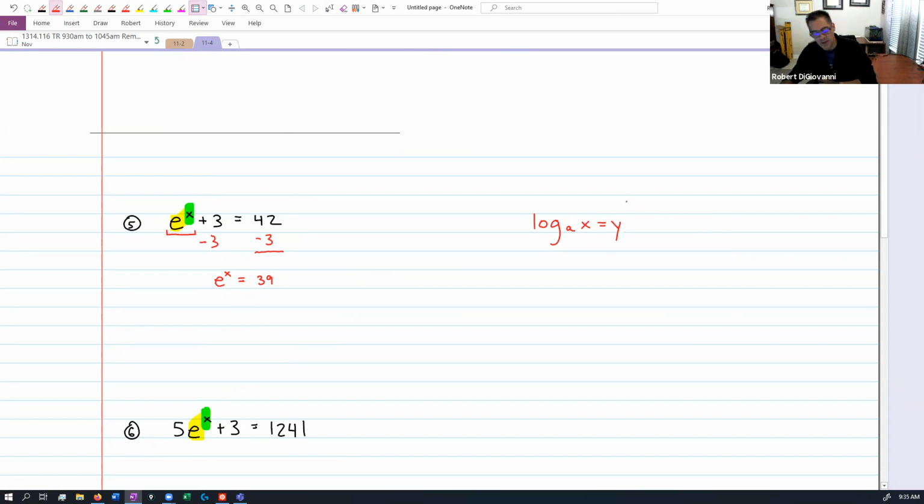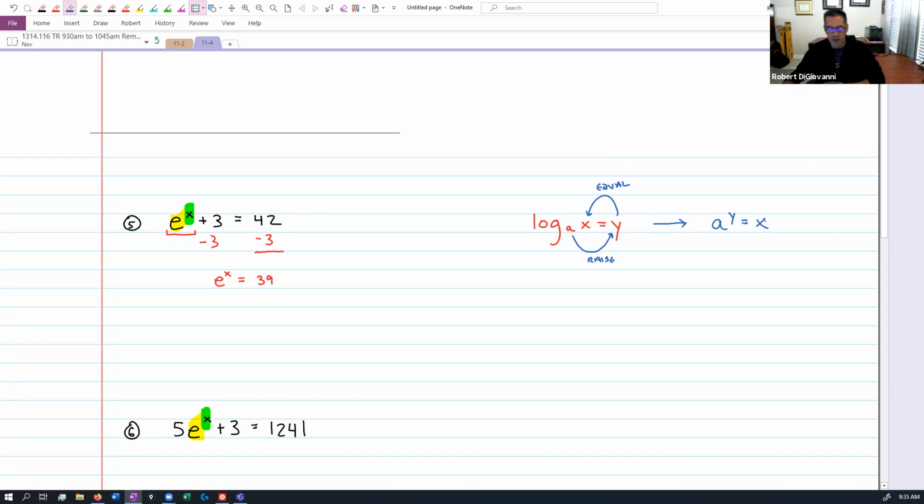Let's say you had something like that I told you about, this thing called the loop, where you take the base there, a, and you raise it to this, and that will be equal to this.